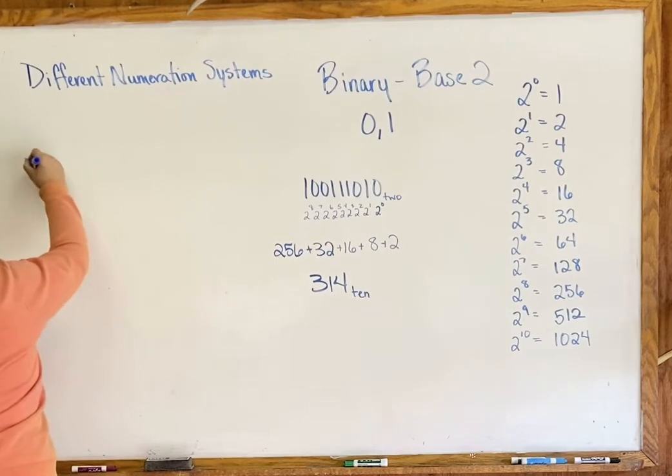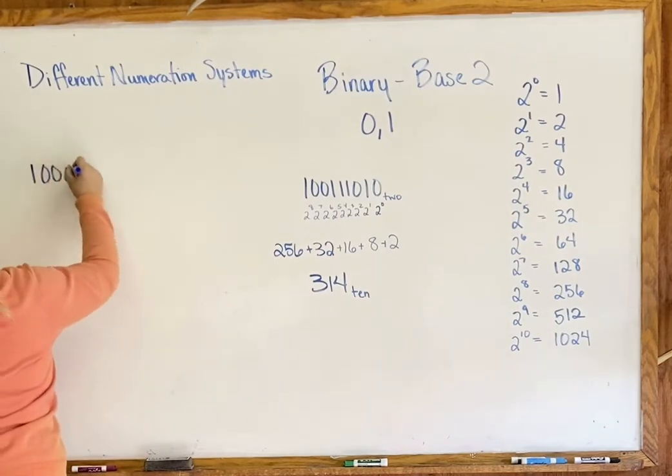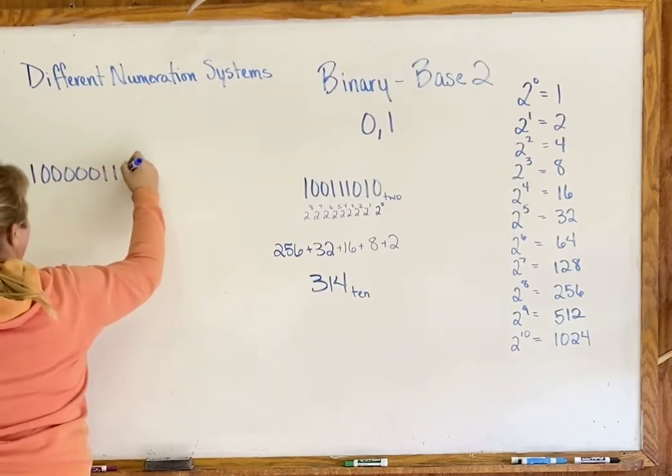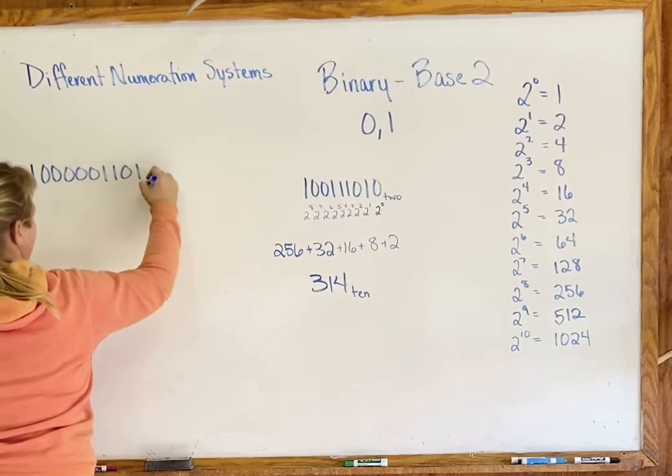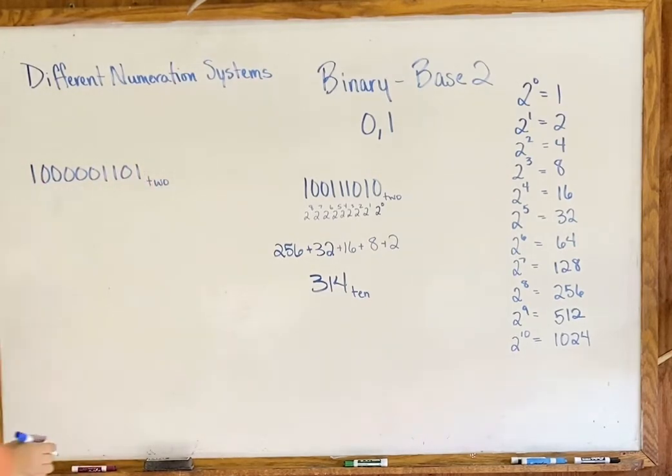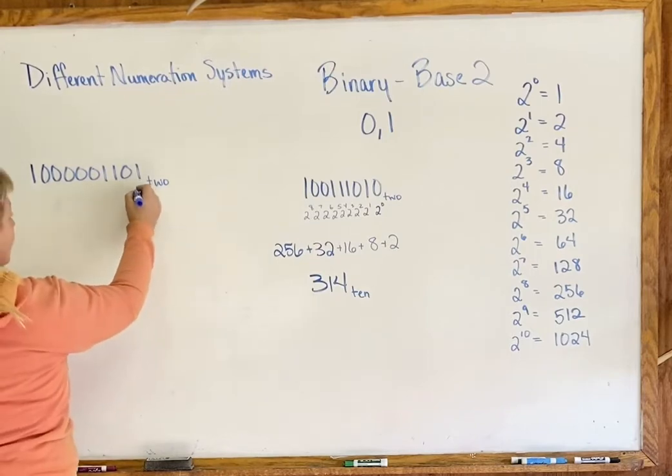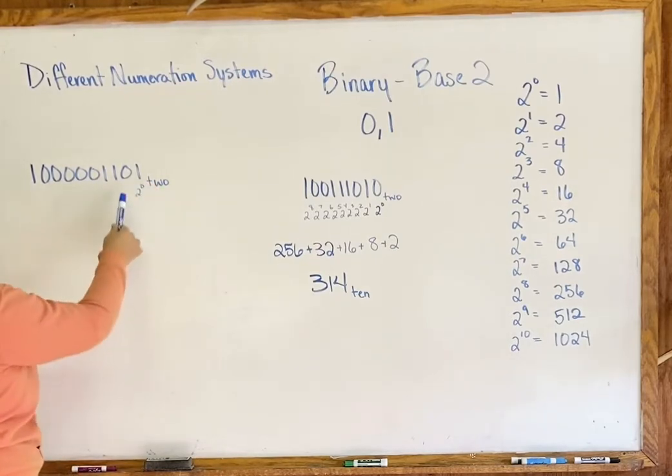So let's say we had 1 0 0 0 0 0 1 1 0 1 in base 2. So let's see what this guy looks like. Now again, this is going to be a 2 to the 0, but I'm going to leave off the ones we don't need. We don't need this guy, do we?